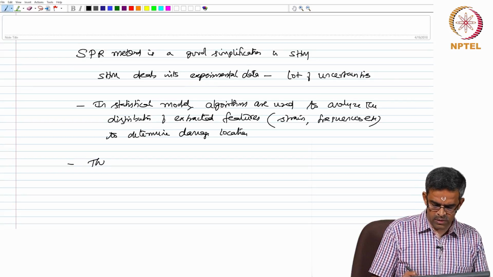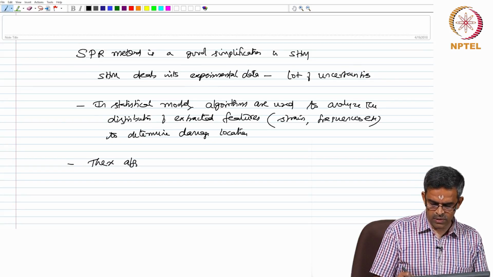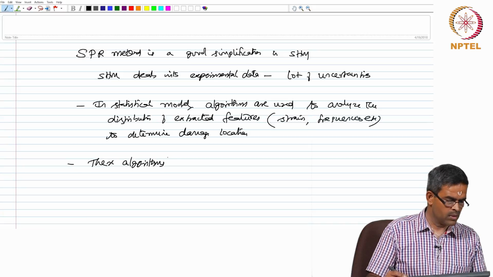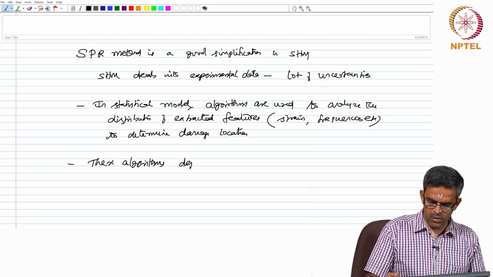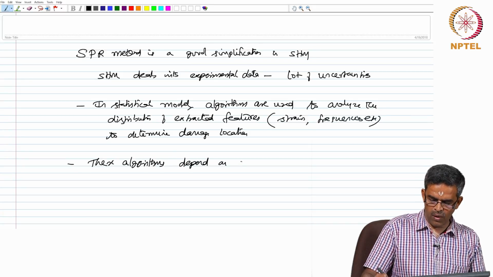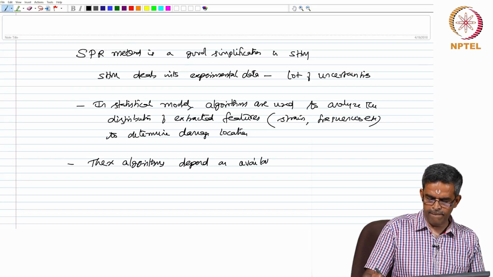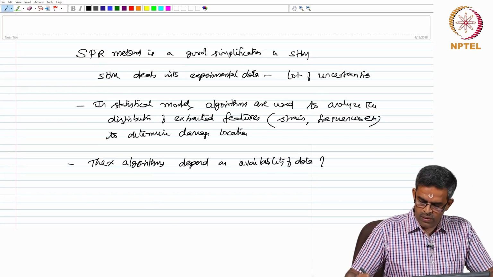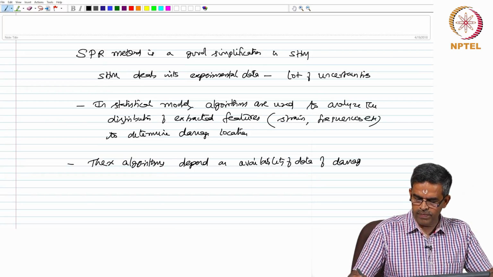However, these algorithms depend on the availability of data of damage states.